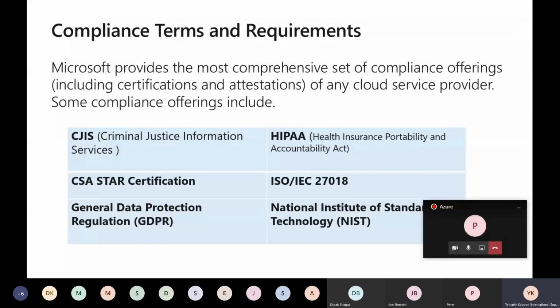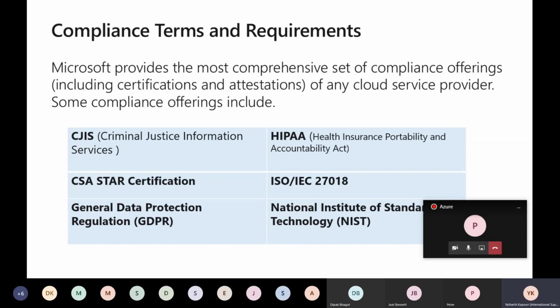So we are not going too deep into the compliances and the requirements, to be honest, because again, if you are talking to a company from a healthcare industry, you can tell them it's HIPAA certified. There's a CSA STAR regulation, GDPR regulation is there, NIST is there, Criminal Justice Information Services is already part.